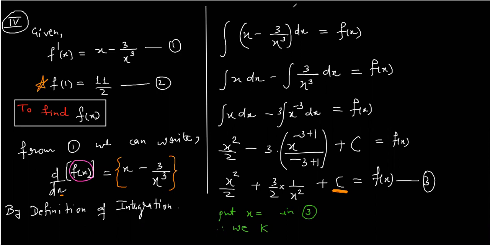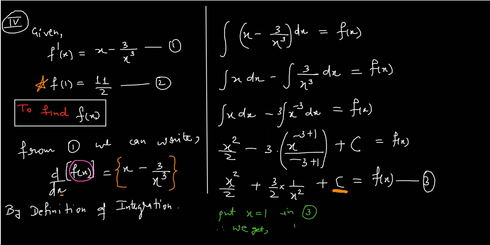You know, this happens sometimes. Put x equals 1 in 3. So it will get me f of 1. Therefore, we get here, this is 1 square by 2.